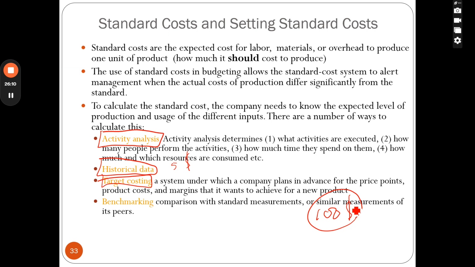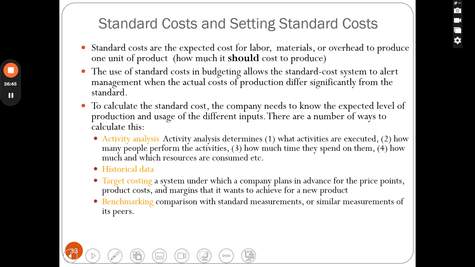My selling price is going to be $100, and I need a 20% margin on this, so my cost has to be this much. So you have a target cost, and you will check at the end of the year, did I produce my product at this target cost? This is what you will be checking. So there is a standard based on standard cost, the target costing. Also, you will do benchmarking.